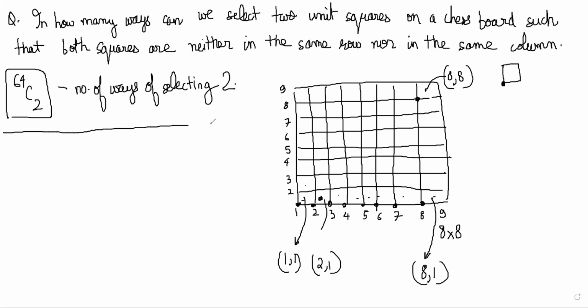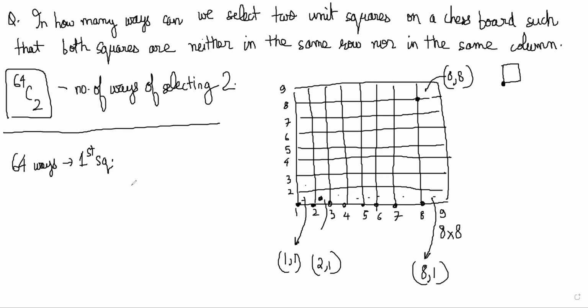You could do it this way: select the first square in the beginning. You can put it anywhere, so the first square can be selected in 64 ways. Now you have to think about where to put the second square.